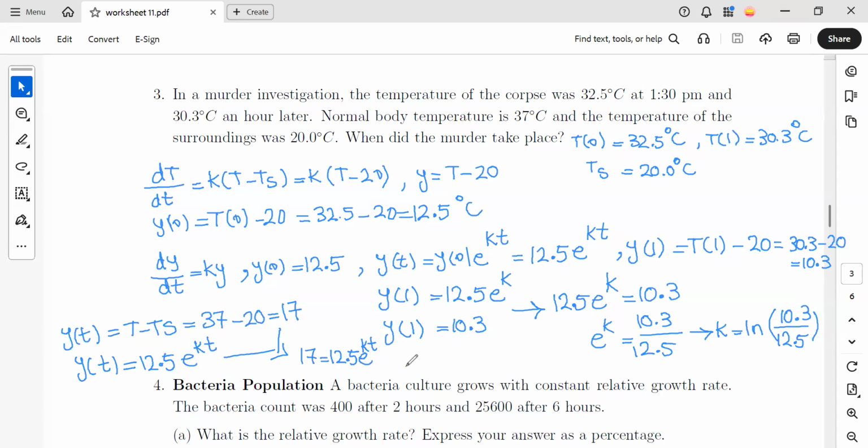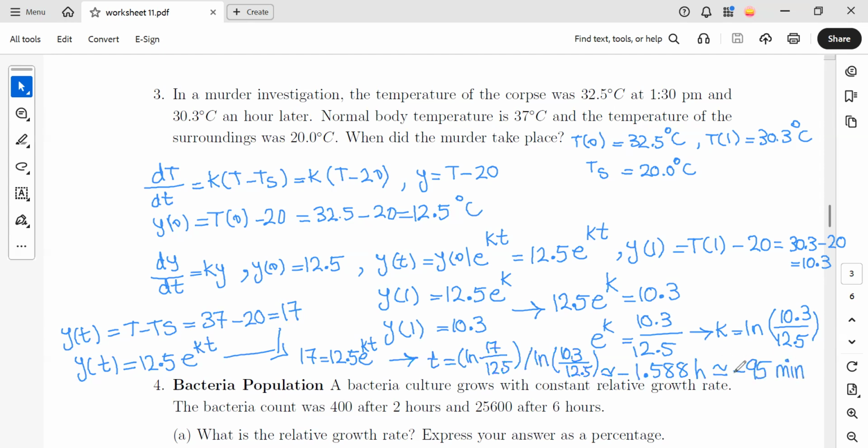We know that k is ln of 10.3 divided by 12.5. So from this one, t will be ln of 17 over 12.5 divided by k, which is ln of 10.3 over 12.5. Now we would use a calculator and we would have negative 1.588 hours, which is approximately negative 95 minutes.